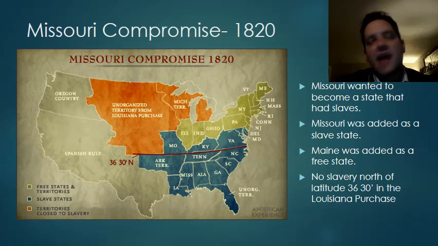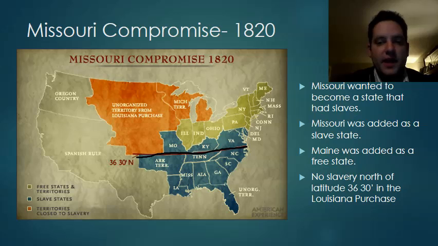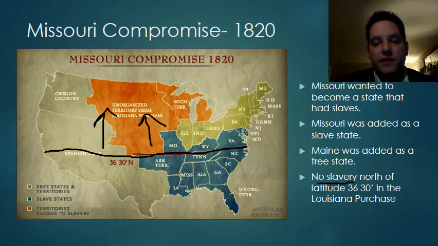The line isn't actually real, but it's an imaginary line that went all the way across here and said from now on, any state that is created, any state north of this line, so here's some arrows, when it becomes a state, there will be no slavery.